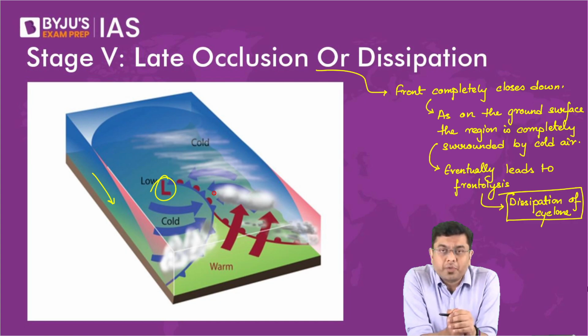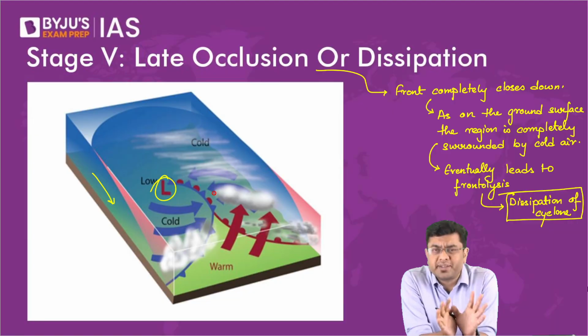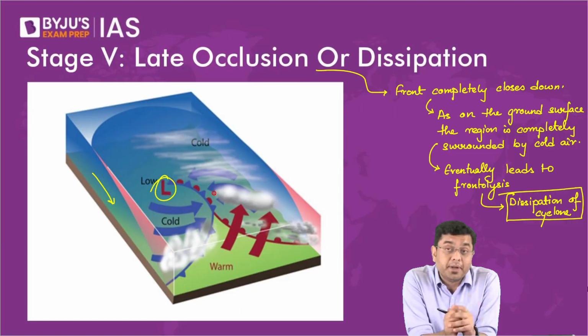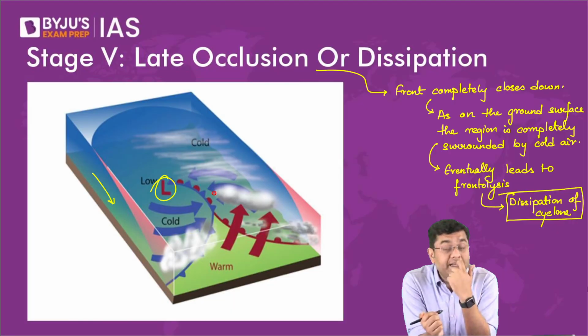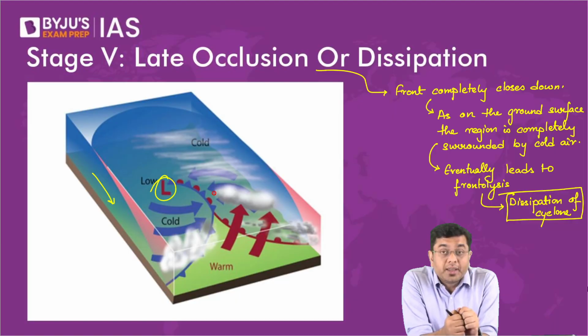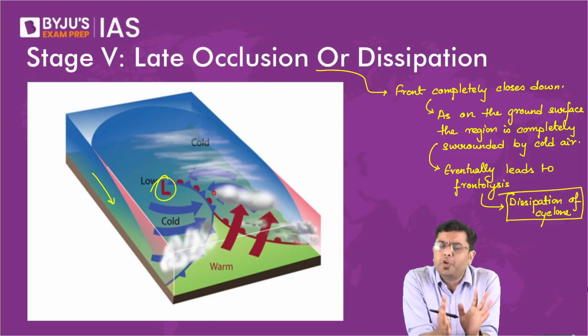Sometimes, however, in the case of the temperate cyclones, mostly, that is a rare phenomena, but it does happen. As this front keeps on getting distorted furthermore, the low pressure gets intensified quite rapidly, more than what the calculation or the forecast will suggest to you.